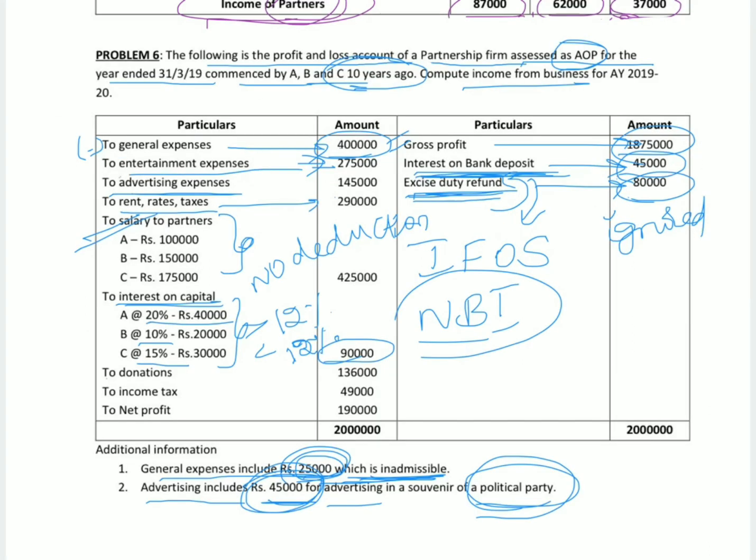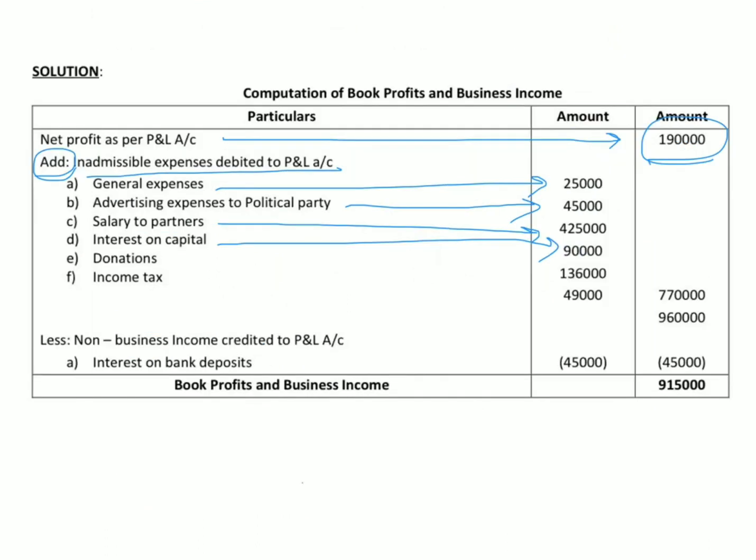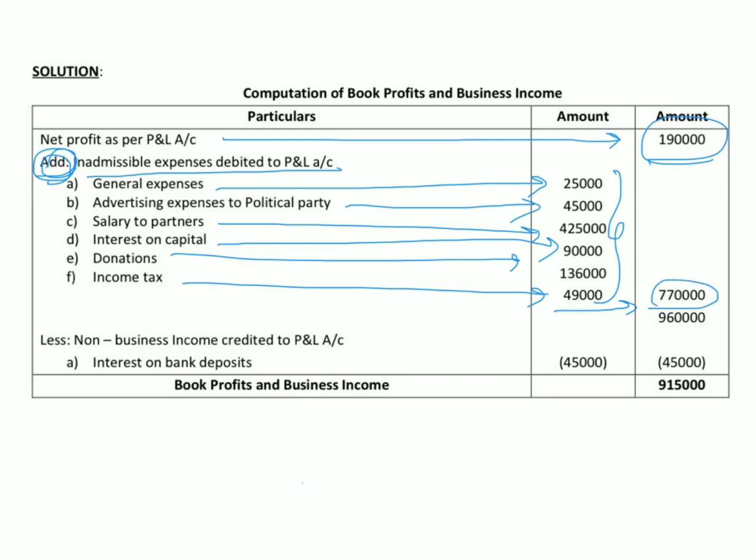The next point we have is donation and income tax. Both are inadmissible expenses. So we have added back to net profit both donation of 1,36,000 and income tax of 49,000. Summing up all these values, the complete total inadmissible expense comes to 7,70,000.